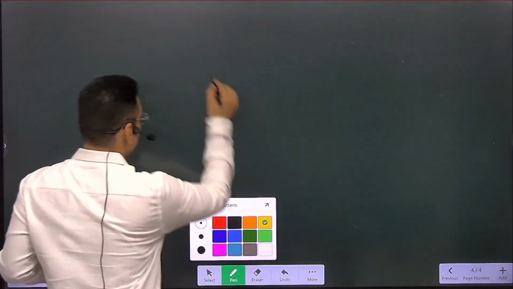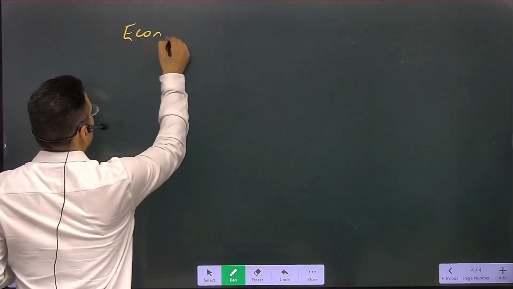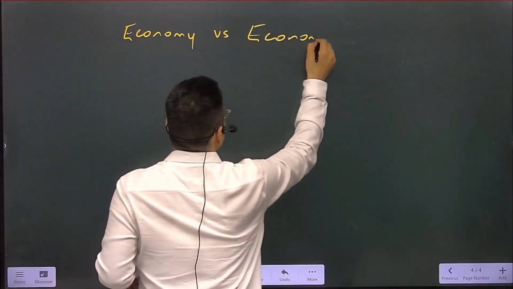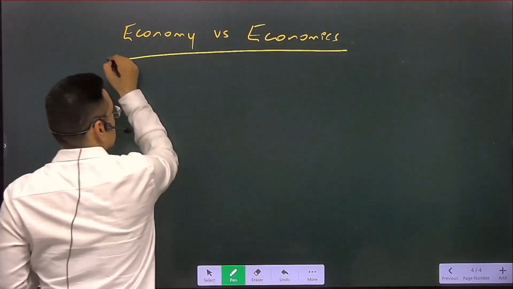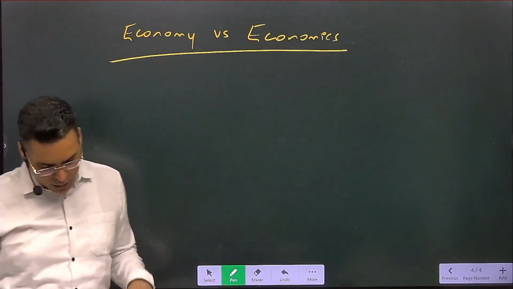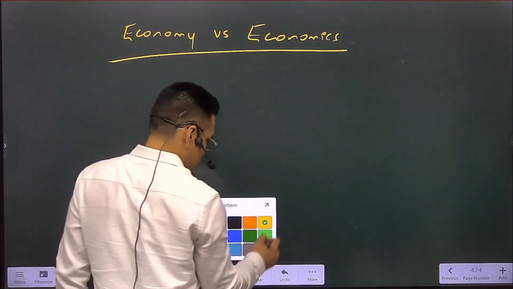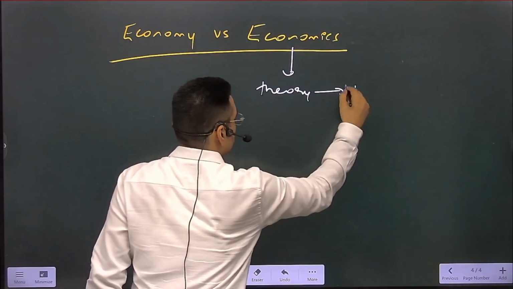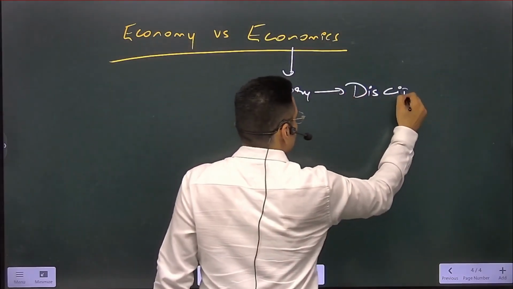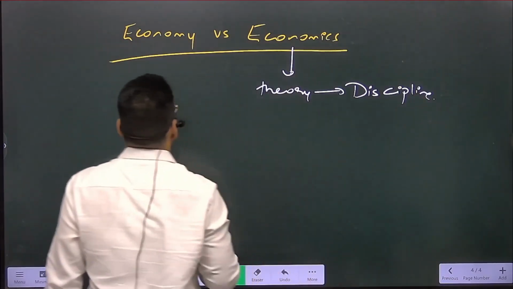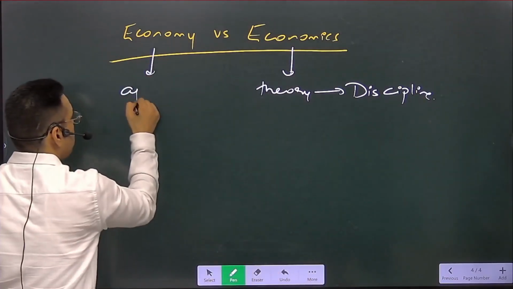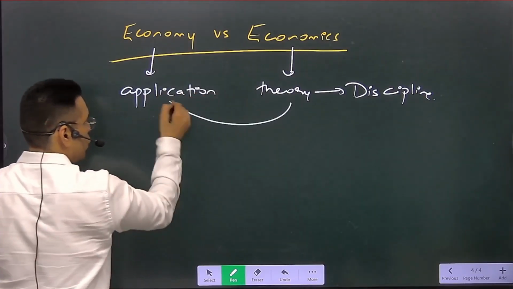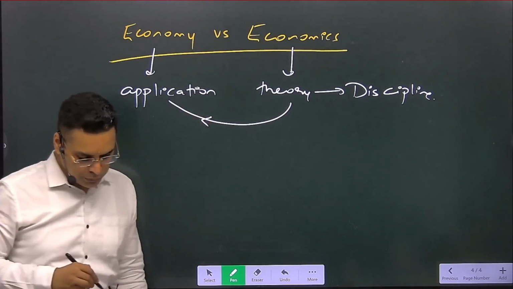Now, what is the difference between economy versus economics? Okay, economy versus economics. So economics is theory, discipline, and economy is about application of theory and discipline.